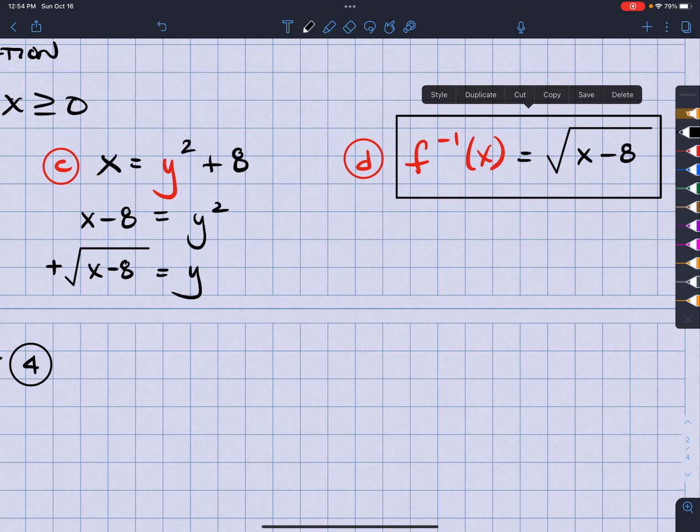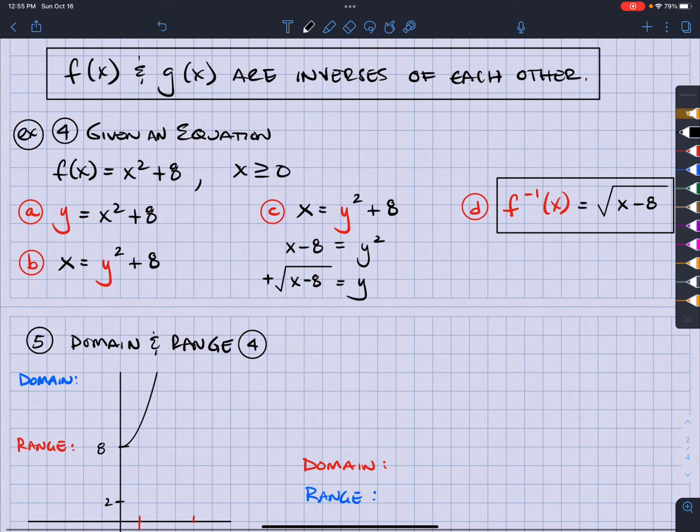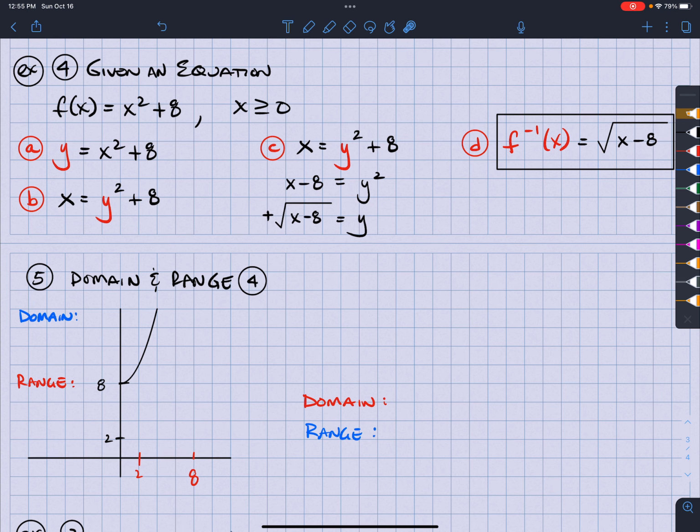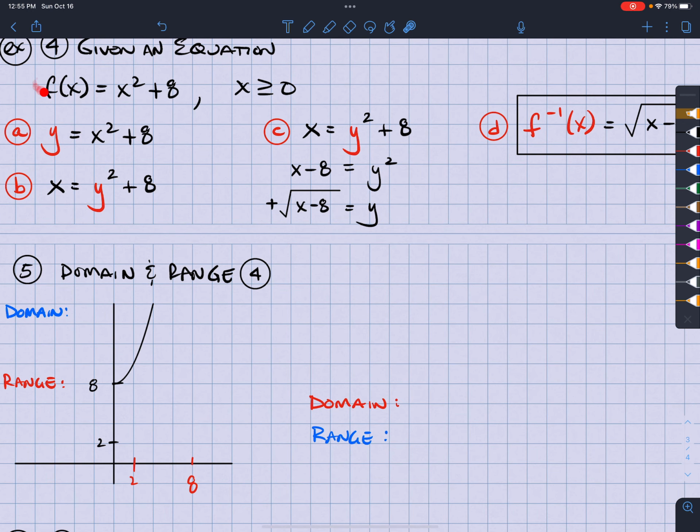There it is. Okay. So, with that being said, now, the next example, I'm going to actually find the domain and range for this exact equation. That's why I put down 4 and 5 right here. So if I was to graph this, remember I said it cut off the negative x values.